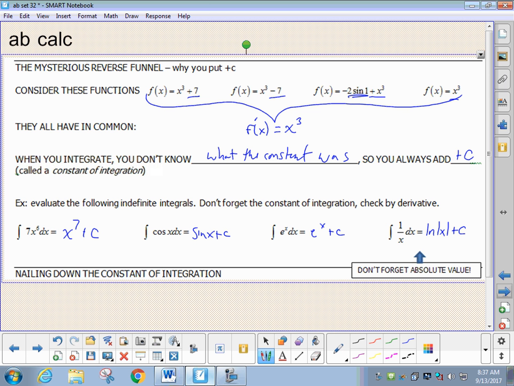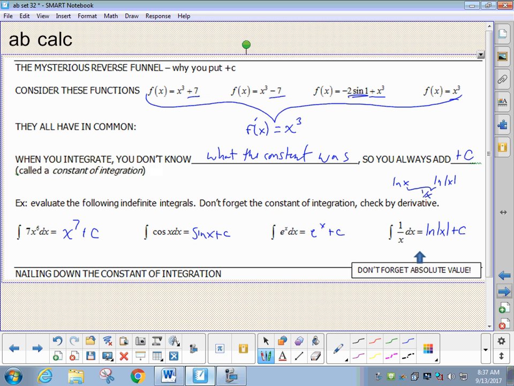Now, why the absolute value? Because remember, the absolute value allows for negatives. Usually you can't put a negative in, but it allows for negatives. Both natural log of normal x and natural log of absolute value of x have the same derivative. Both have a derivative of 1 over x. When you're going backwards in time, then you have to be as inclusive as possible.